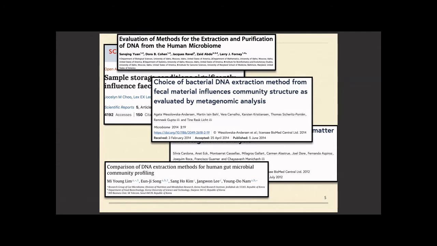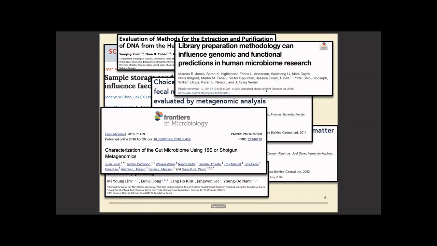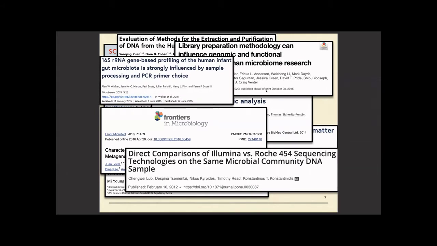The DNA extraction, the way that we lyse the cells, can have an enormous impact on the profiles that we get. Whether or not we choose to do targeted marker gene sequencing or whole genome sequencing impacts the profiles that we see, as well as whether or not we choose to do DNA amplification through some PCR process, and also the chemistry of the sequencing platform that we end up using.